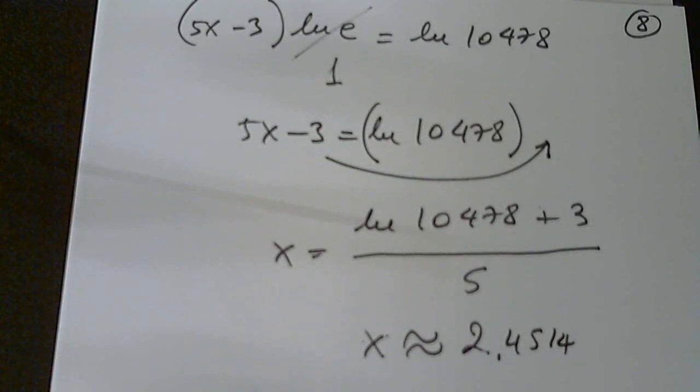Okay, I want to check. How do I check? E, in parentheses, 5 times the previous answer, minus 3. Close the parenthesis. Come down from there.